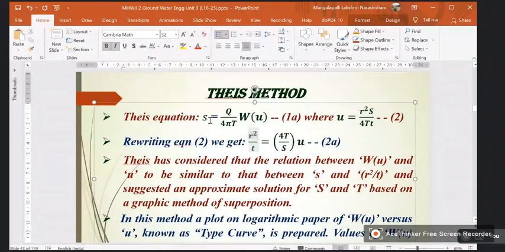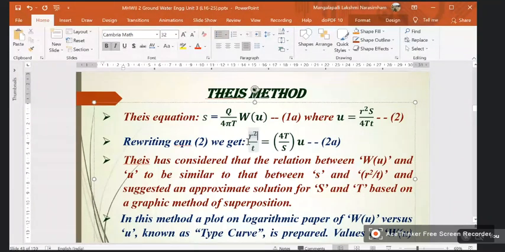So, the parameters small s and r square by t, which are on the left-hand side of equations 1a and 2a, will be read from our plot referred in point 2 mentioned earlier.